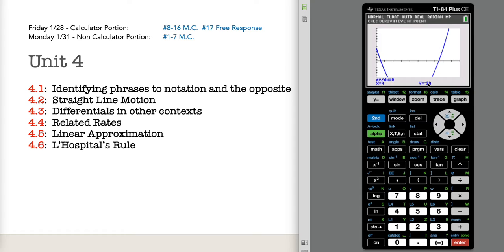The reason you wouldn't want to is because you wouldn't have enough time to finish the test. So the questions are kind of set up so that the calculator is the by far quicker option. And so the time allotted for the test on Friday is with that in mind. So if you do them by hand, you'll probably not be able to finish.